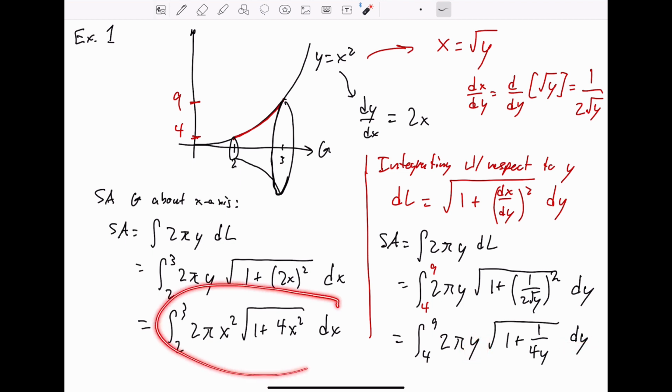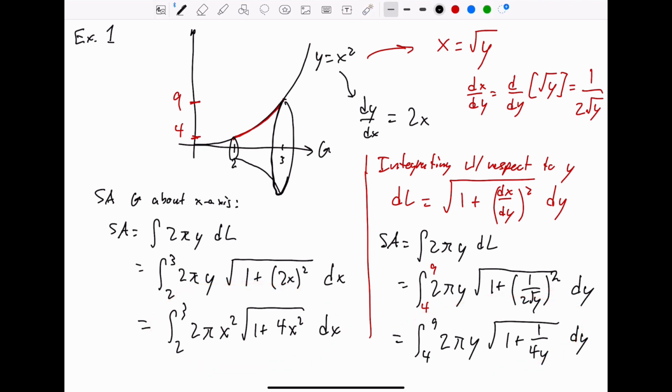So these two integrals are both describing the same surface area. They're both giving us the surface area of this curve rotated around the x-axis. Even though one integral is with respect to x and the other with respect to y, they are giving us the same rotated surface, rotated about the x-axis. If we were to evaluate these two integrals, they would give us the same number.